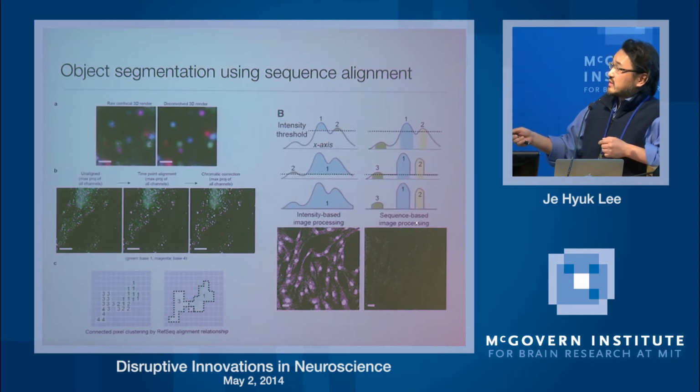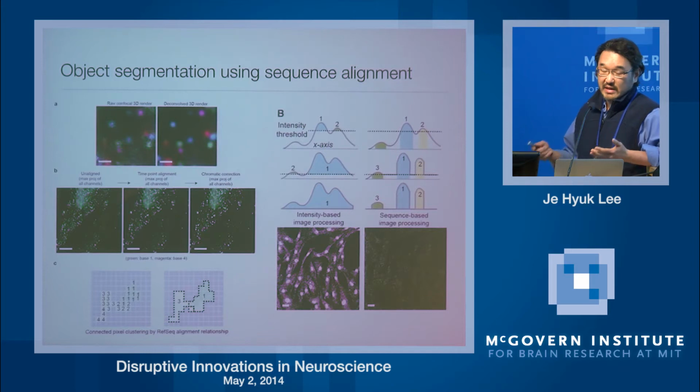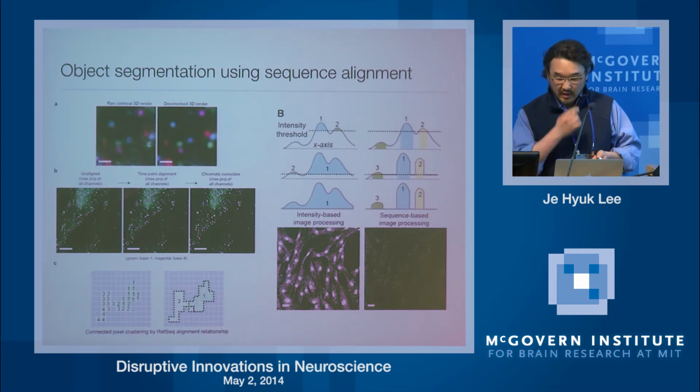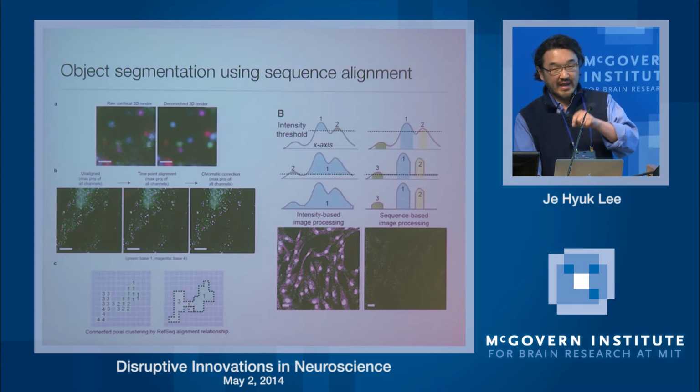So by eliminating all kinds of intensity filter, we can identify objects purely based on their sequence information. And once we do that, we group related sequences into an object. So this is a different way of doing image analysis. And in the future, we think this is going to have a really big impact on how images are processed if you can tag your objects with the sequence.